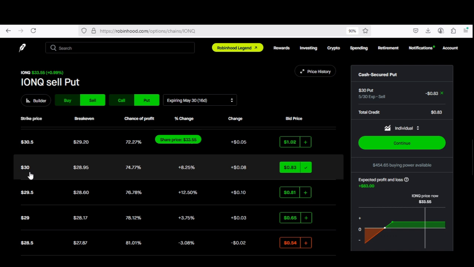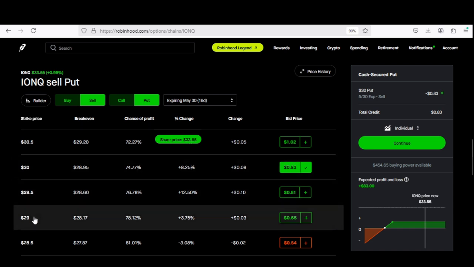So we're going to have to pay $3,000. Now, this is what makes this option strategy perfect if you're trading with a small account, because the barrier to entry is only $3,000. So you're going to own 100 shares of IonQ at $29.